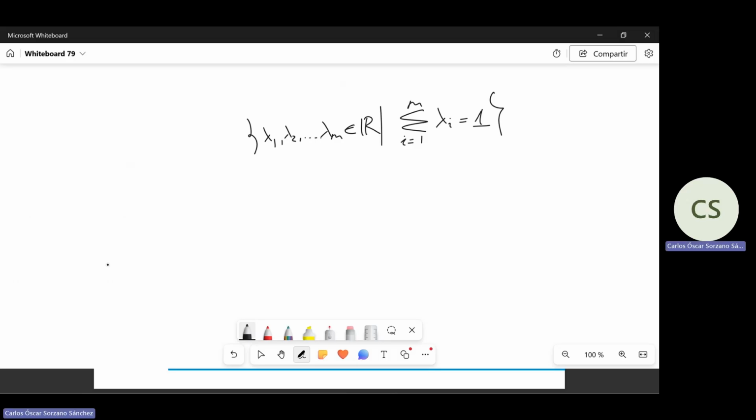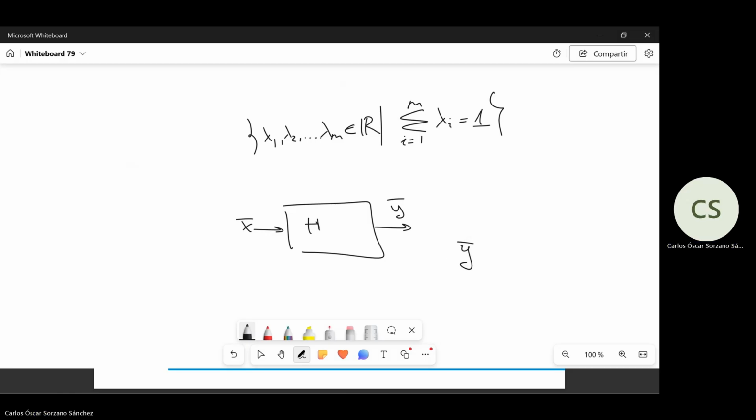You have some input data X that goes into a system H. This system can be whatever, nonlinear or linear. And you get an output Y. Given Y and H, the inverse problem is to find this X. What was the input to the system such that the observations are what I have?